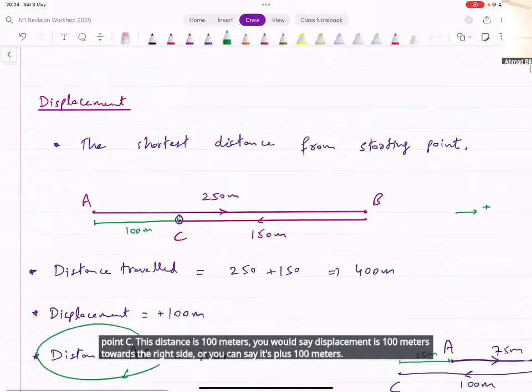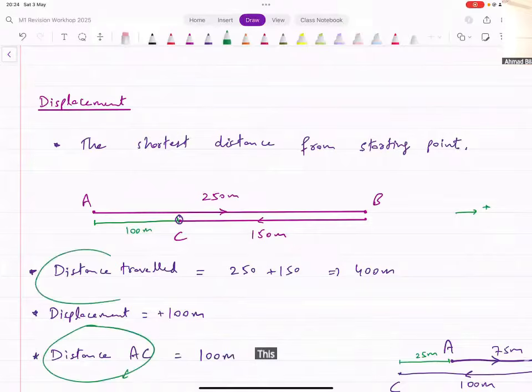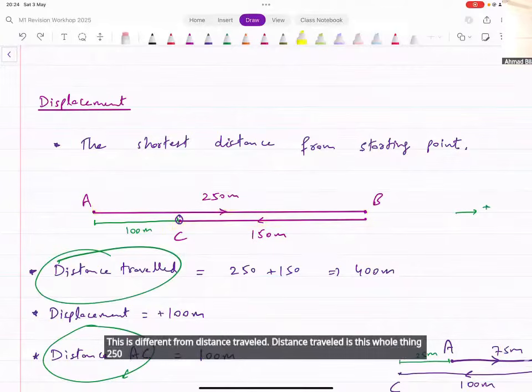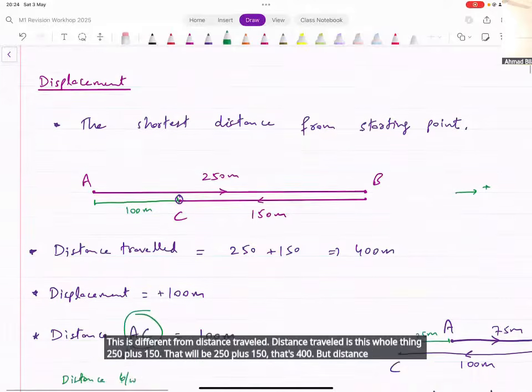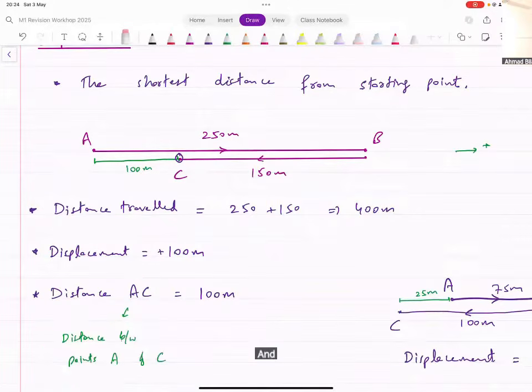If they ask you for distance AC, what about that? Distance AC. This is different from distance traveled. Distance traveled is this whole thing, 250 plus 150. That will be 250 plus 150, that's 400. But distance AC, that basically means distance between the points A and C. And that's the same as displacement.